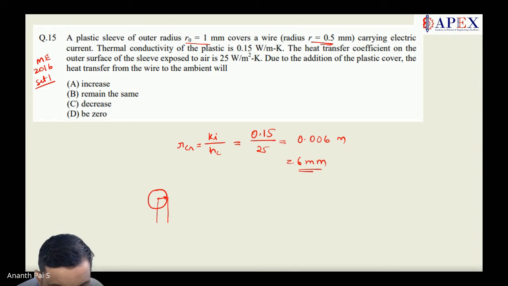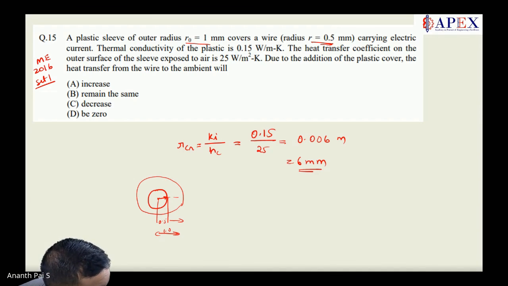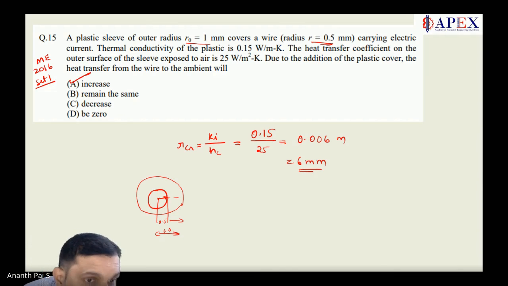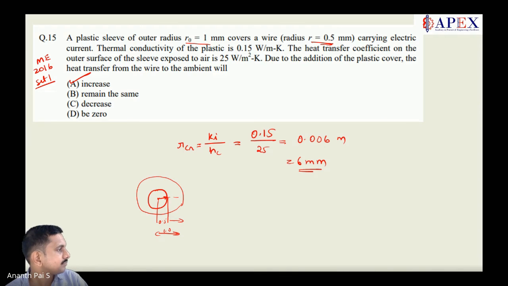And if you make this 0.5 as 1, then what is going to happen? It's going to increase, is it not? The heat transfer from the wire to the ambient will increase due to addition of the plastic cover. Make sense? It will decrease.